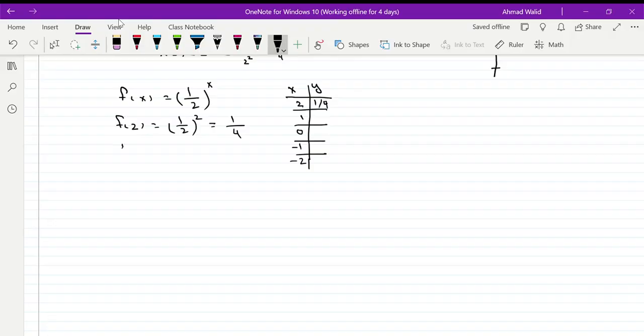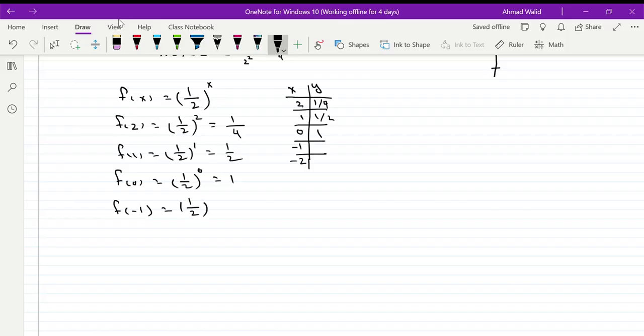F of 1 equals 1/2 to the power of 1, which gives you 1/2. F of 0 will be 1/2 to the power of 0, which gives you what? 1. F of -1 gives you 1/2 to the power of -1.